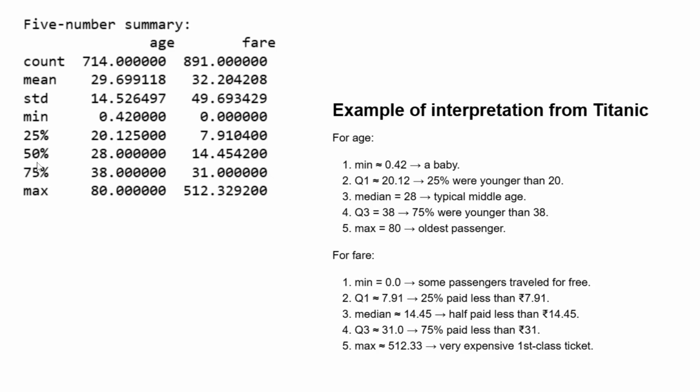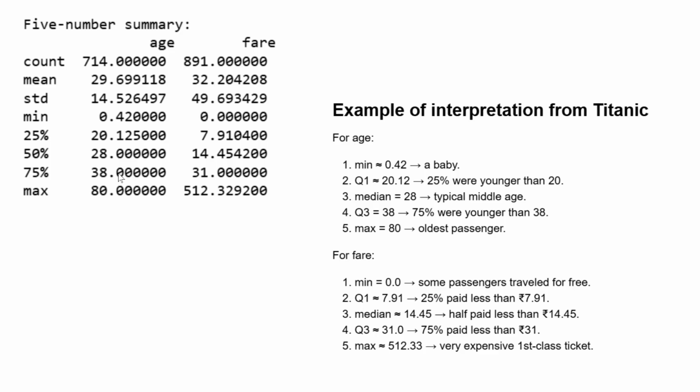Then for 50%, that means the median value, and 75%, that is my Q3. Here I can say that 28 is like my middle age. If I consider the overall middle value of all the passengers, they have 28. And for 75%, that is Q3, I have 38.